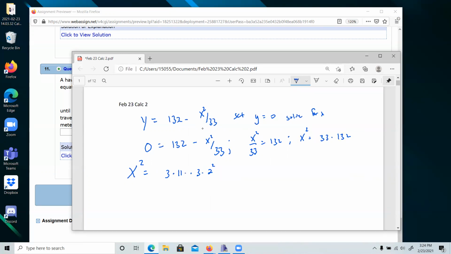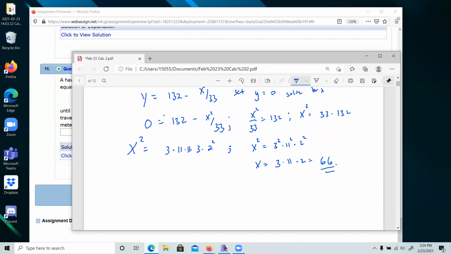So we could say that x squared is equal to 3 squared times 11 squared times 2 squared, which means x is equal to 3 times 11 times 2, which is 66. So we're going to go from 0 to 66. So x is going to go from x equals 0 to x equals 66.